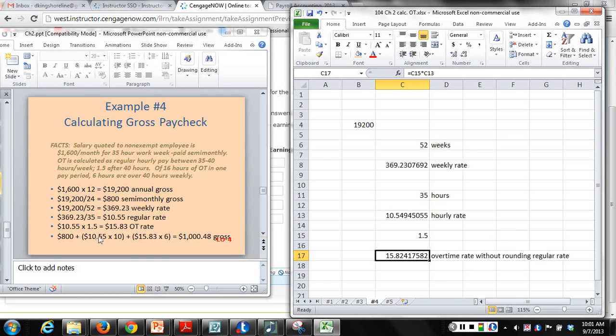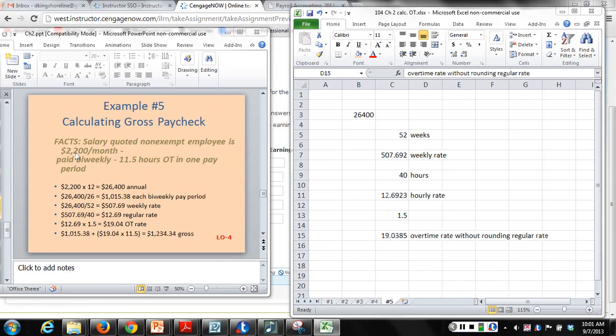That's the overtime component of pay for the hours to get up to 40 hours in a week. And then we had 6 hours that are over 40 hours. And so those 6 hours are multiplied times the overtime rate, which is the rounded rate of 15.83. Add all those together, we come up with $1,000.48 gross. We're going to move on and look at the last, or the 5th example here next.